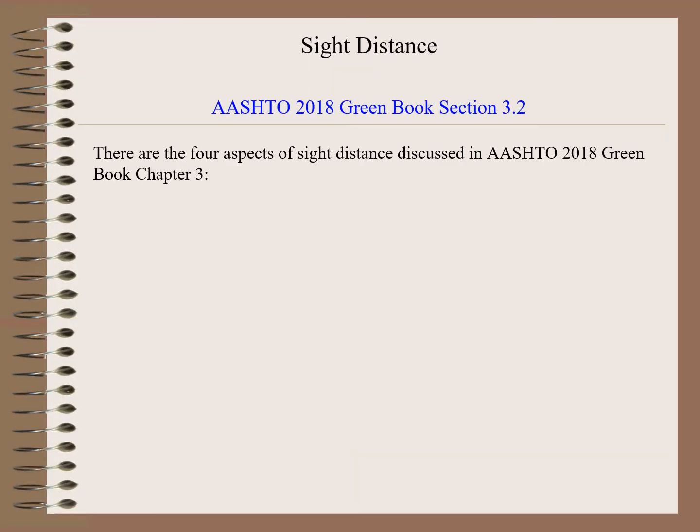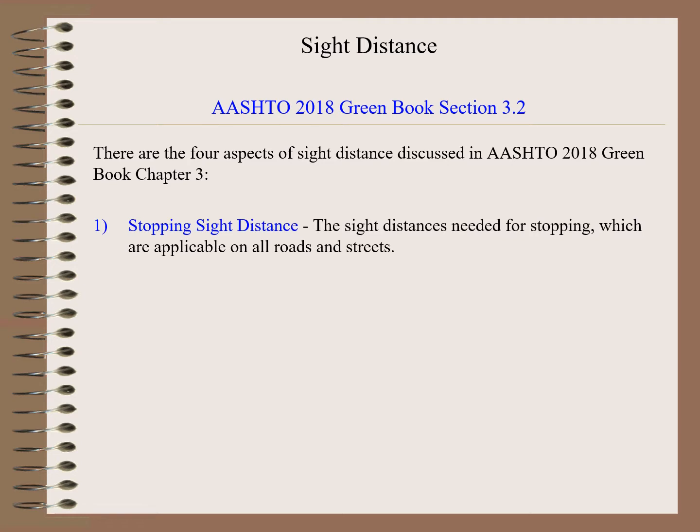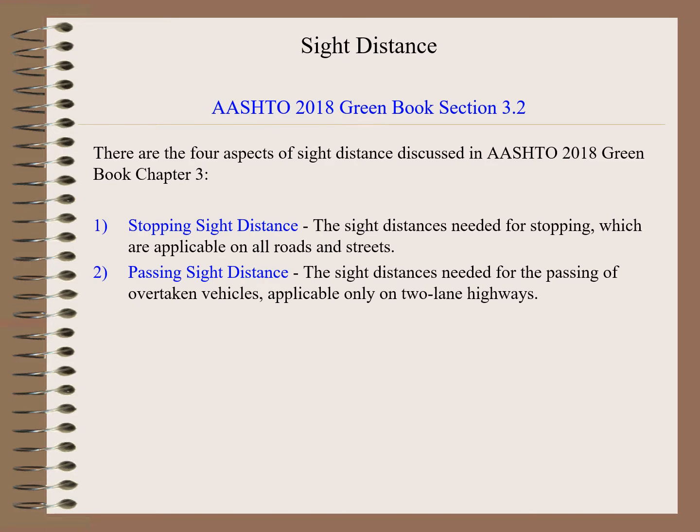There are four aspects of sight distance discussed in the AASHTO 2018 Green Book, Chapter 3. The first one is stopping sight distance. This is the sight distance needed for stopping, which is applicable on all roads and streets. Number two is the passing sight distance.